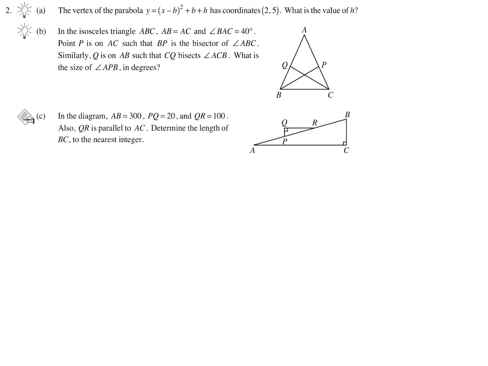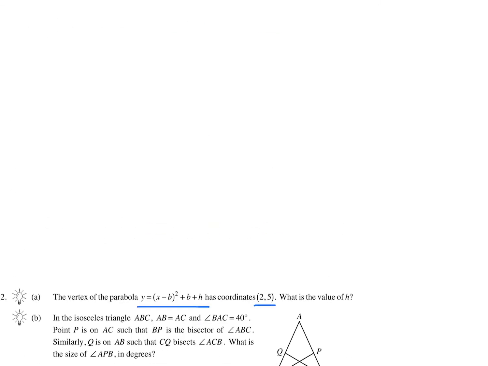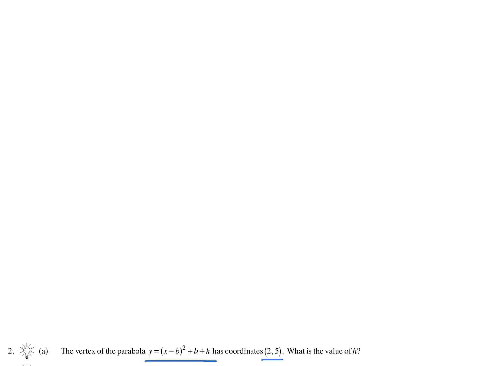The vertex of the parabola y is equal to (x minus b) all squared plus b plus h has coordinates 2, 5. What is the value of h? So we have y is equal to (x minus b) all squared plus b plus h.